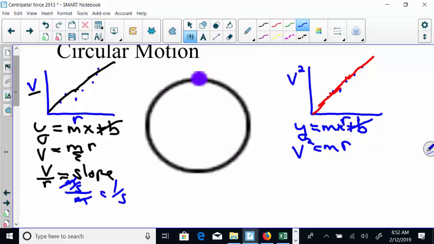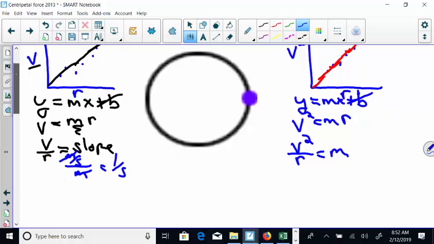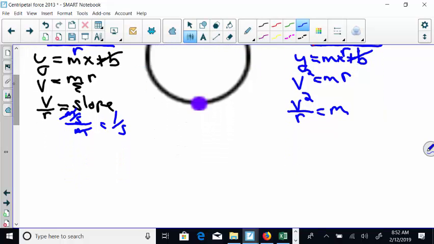Now I should back up. Again, I'm interested in what the slope is. So if you look at velocity squared divided by the radius, in terms of units, velocity is meters per second, and then that's squared, so that would be meters squared per second squared, all over a meter.